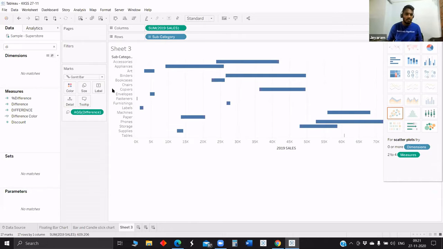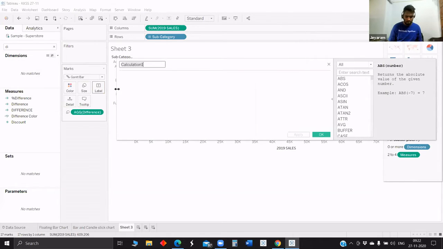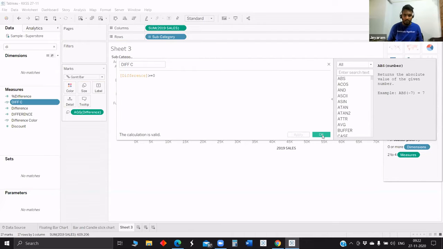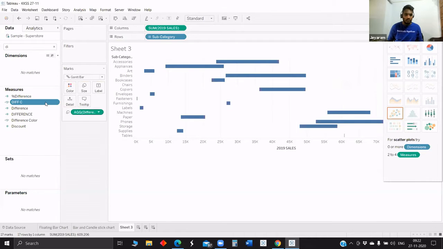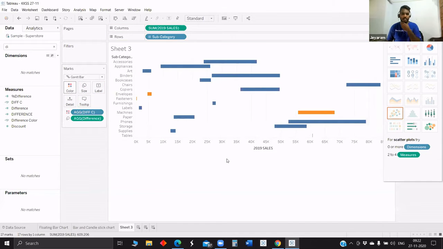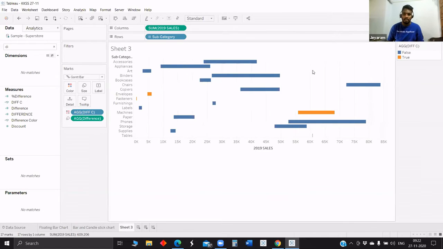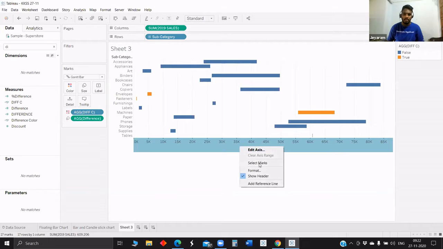Then difference color. Based on the year-over-year growth, now it's colored. If the difference is greater than 0, it's showing orange. If the sales are less than the previous year, it's showing blue. This is a floating bar.